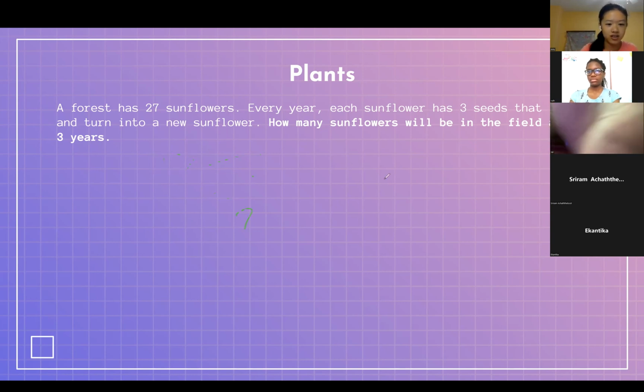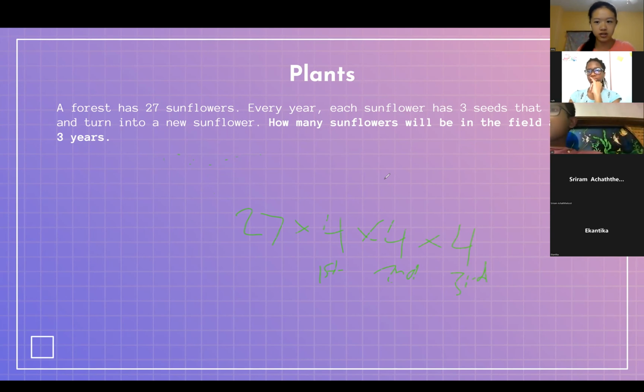So it'd be 27 times 4, and then times 4 for the second year. The first 4 would be the first year, the second 4 the second year, and the third 4 the third year, because you have to include the original sunflowers from the previous year. So after 3 years, there would be 27 times 4 to the third sunflowers, which would be 1,728 sunflowers.